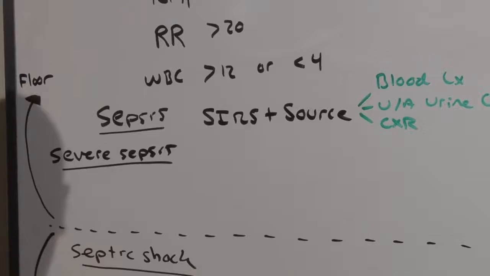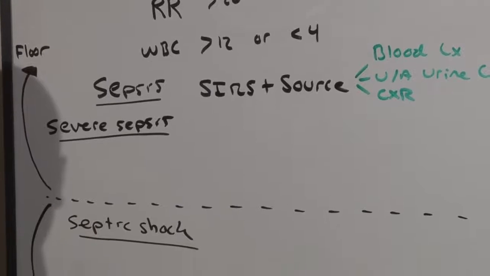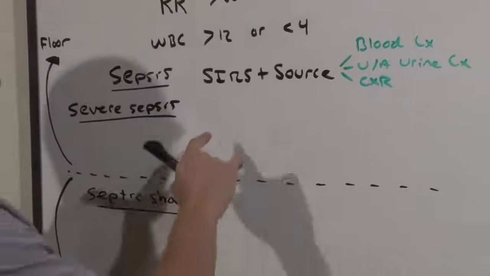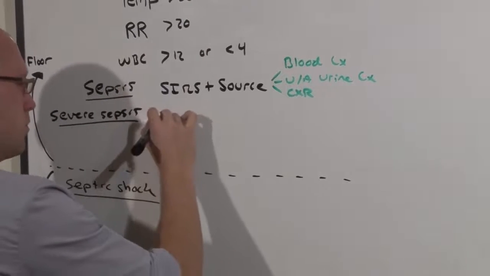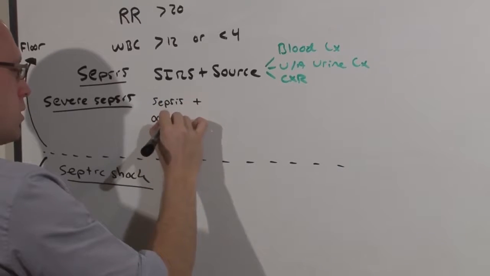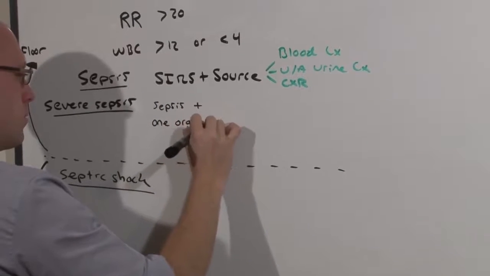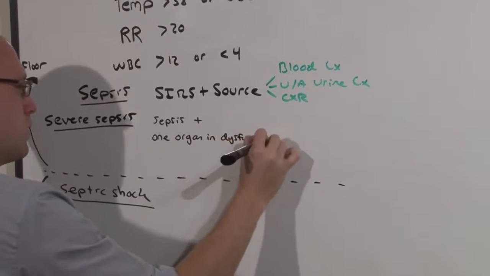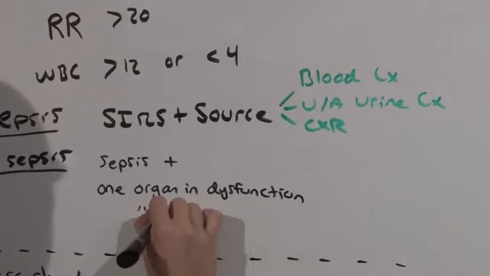Anyone below the line goes to the unit. And here's why. Severe sepsis is sepsis plus one organ in dysfunction. And that is a cute way of saying low blood pressure.